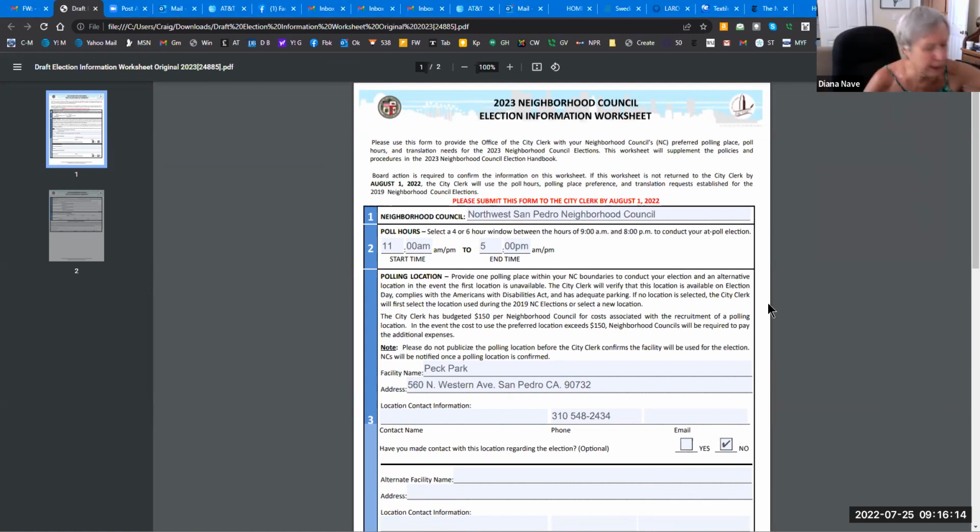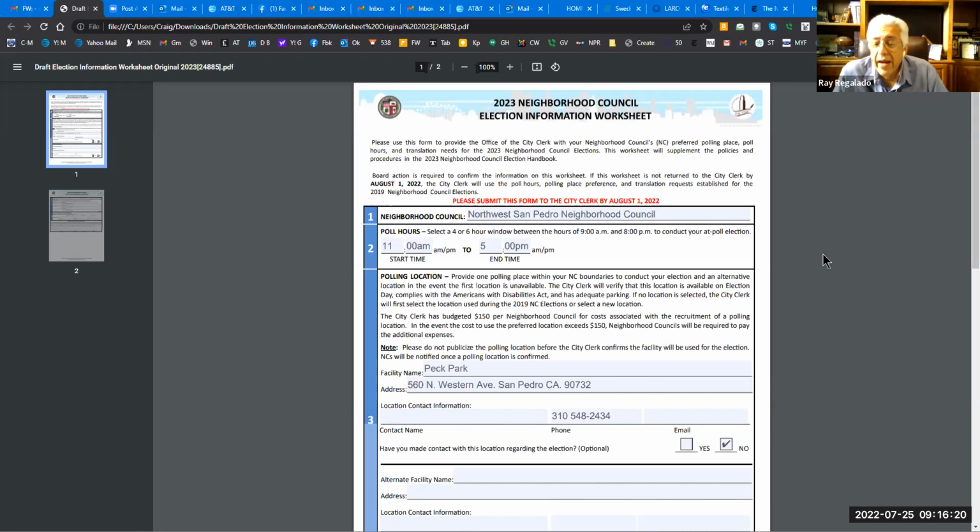Can I ask why they're changing our election from June up to April? What I got was that because we were last the last time, they're reversing the order to give someone else the opportunity to do it last or for the end.